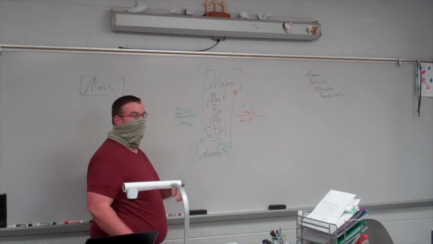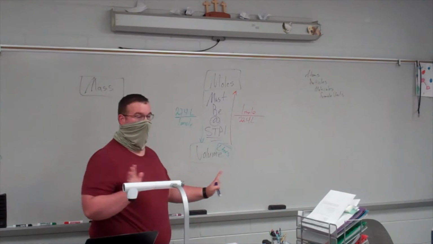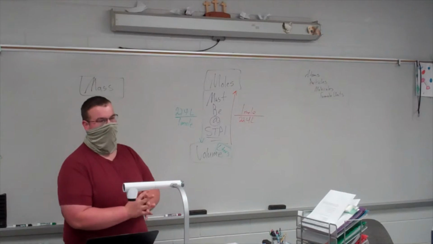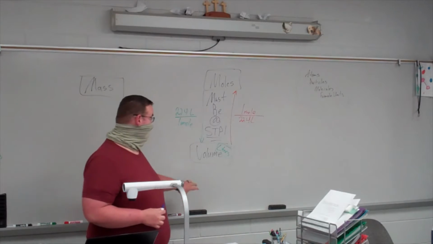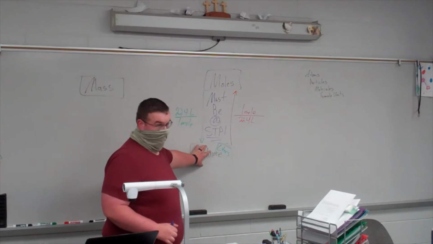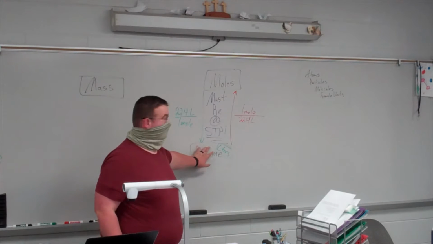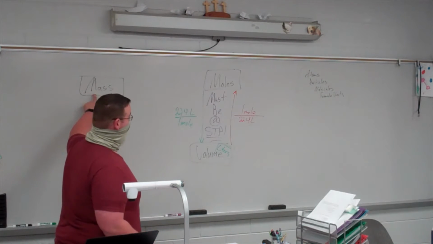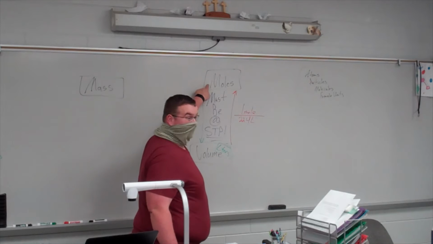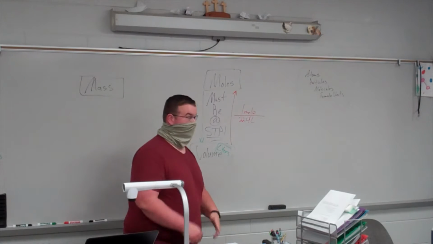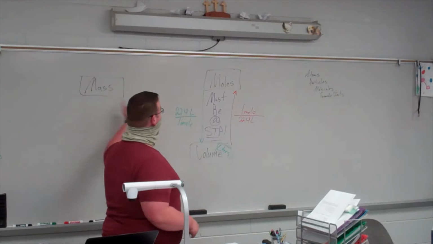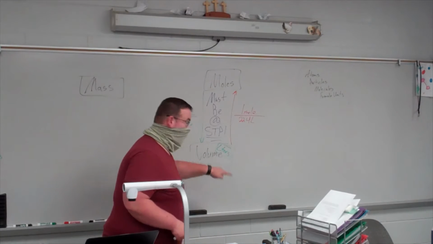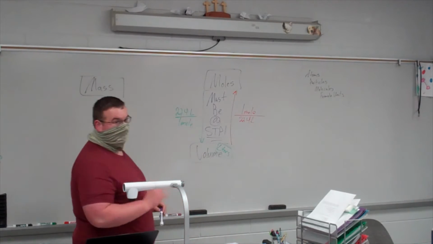So, if I give you a value for temperature, you're done. You automatically know you can't do that calculation. Now, you better make sure that you're starting at volume or going to volume. If I have you at mass and you're going to moles and I give you values for temperature and pressure, does it matter? No. Temperature and pressure has nothing to do with them two. It's only this one, standard temperature and pressure.